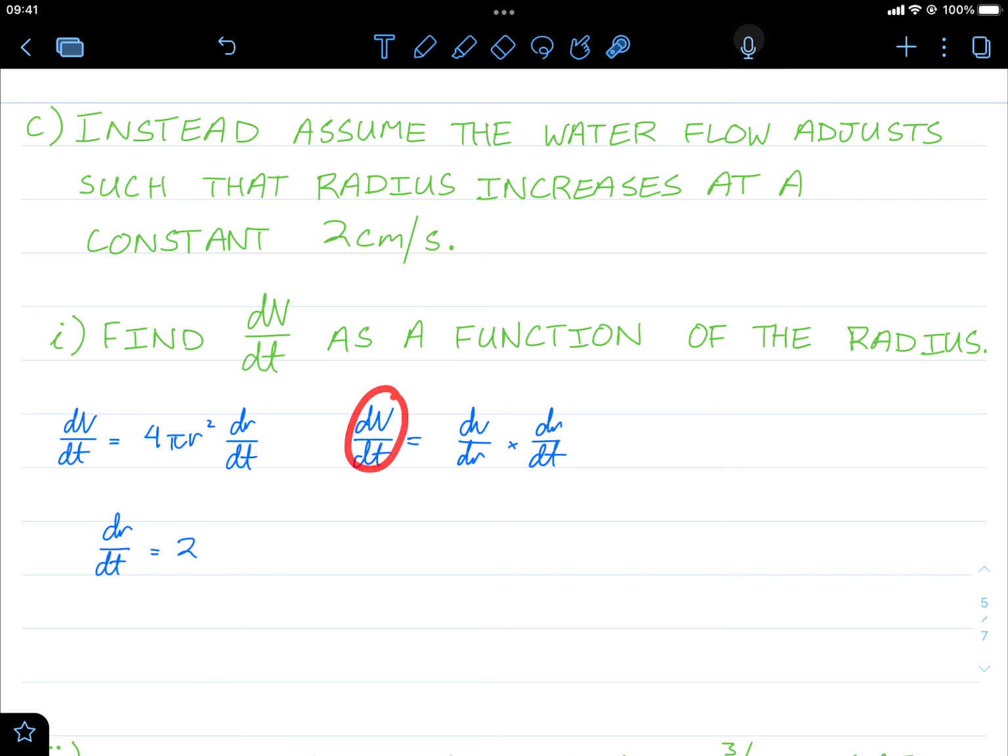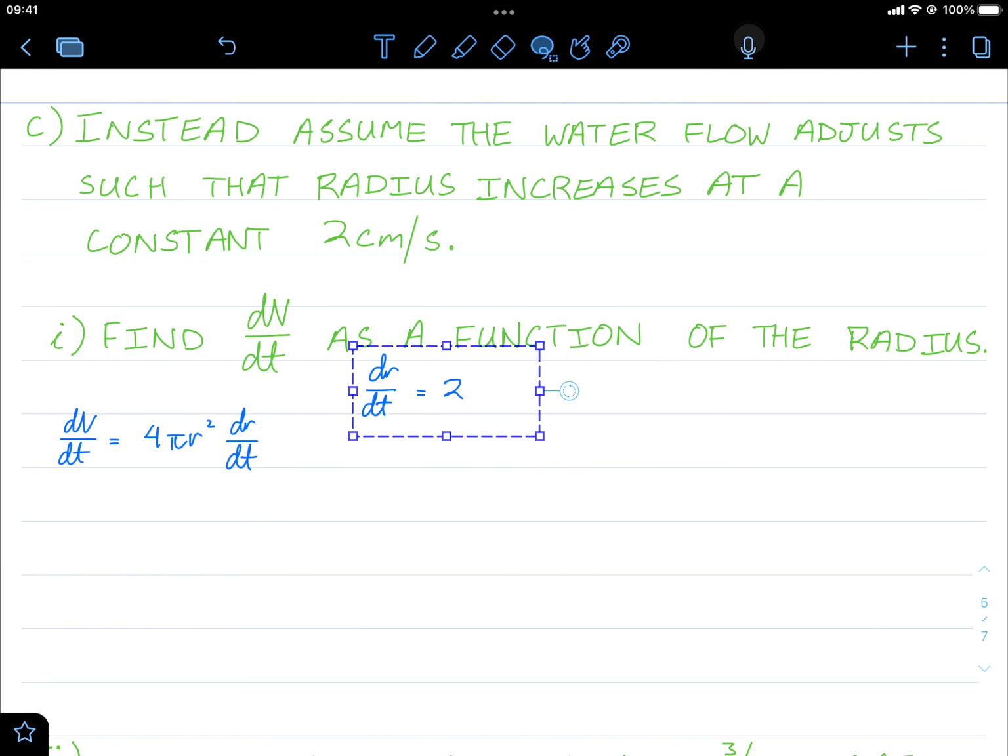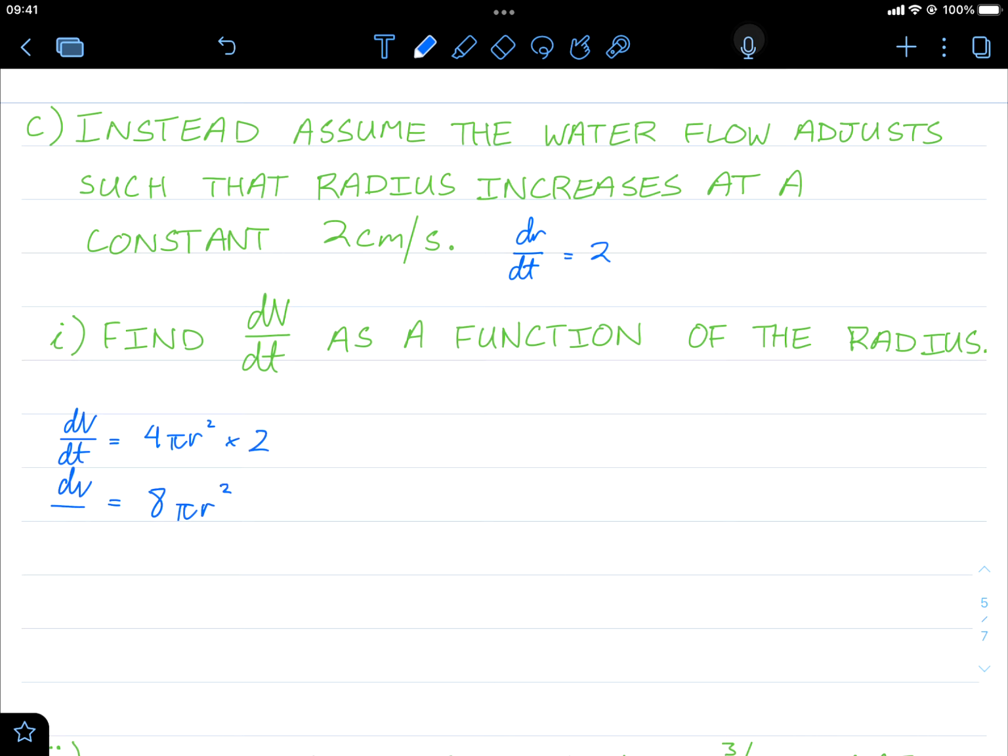We couldn't solve for this because we weren't given dr on dt. But in this particular part of the question, we're now being told that it's equal to 2. So using this information, we can substitute that here. So dv on dt is 8 pi r squared. That there is dv on dt.